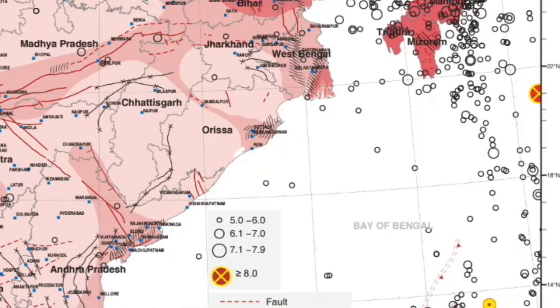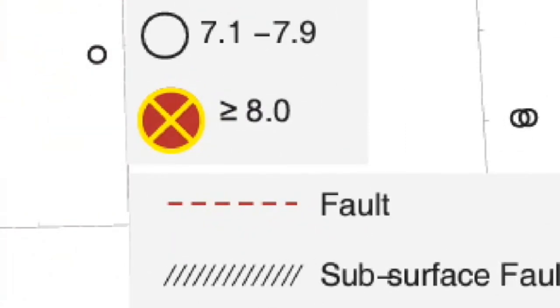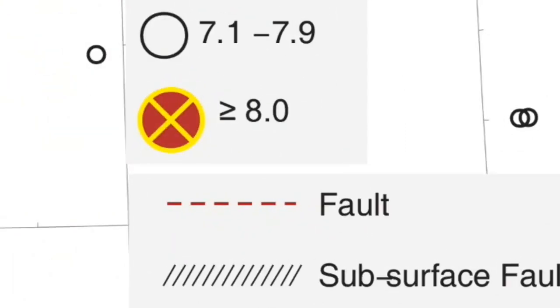As you can see, there are three types of circles: the smaller circle, the medium circle, and the greater circle. The intensity on the Richter scale is shown this way: the smaller circle represents 5 to 6, the medium circle represents 6.1 to 7, and the larger circle represents 7.1 to 7.9.